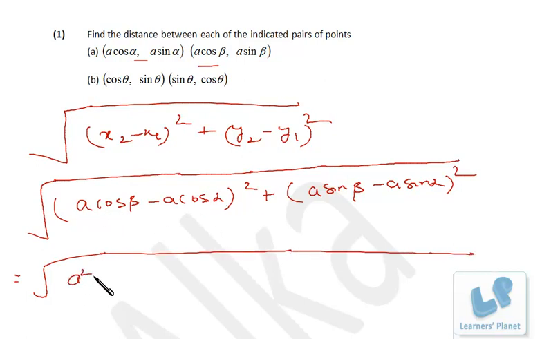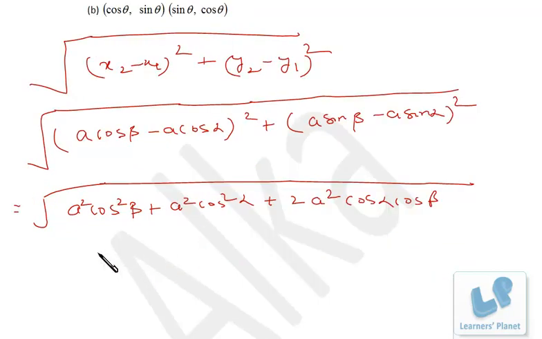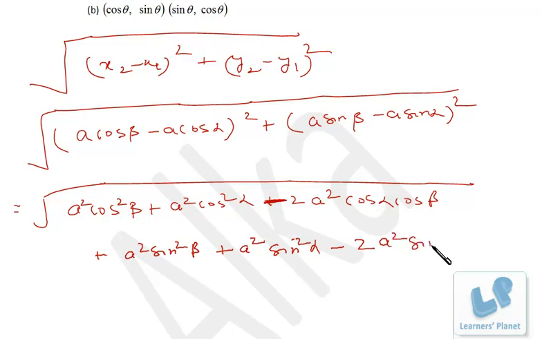So that is a square cos square beta plus a square cos square alpha minus 2a square cos alpha cos beta plus a square sin square beta plus, I'm sorry, this will be minus over here, a square sin square alpha minus 2a square sin alpha sin beta.